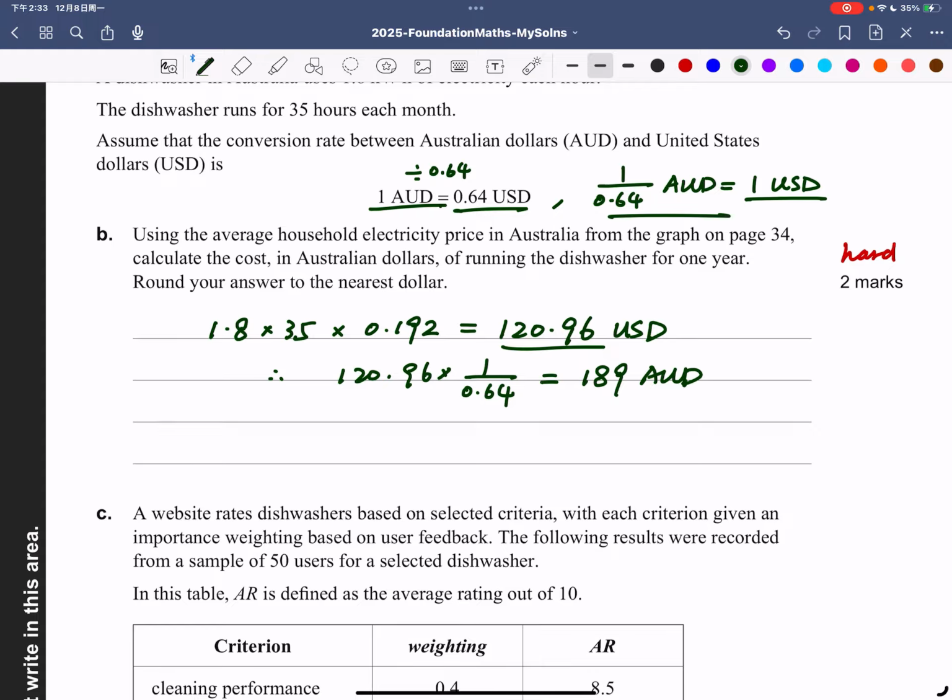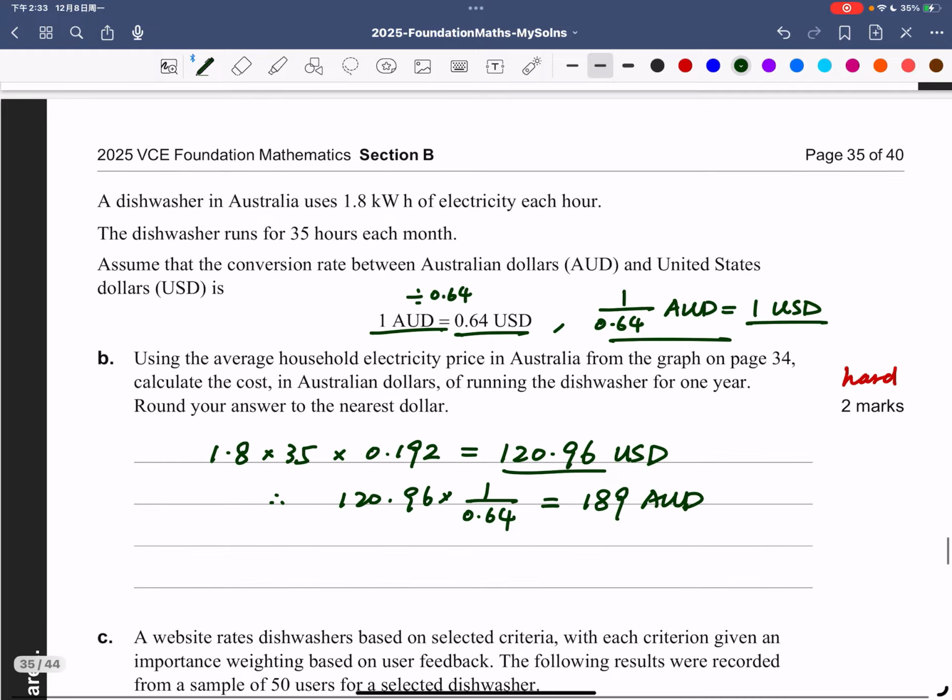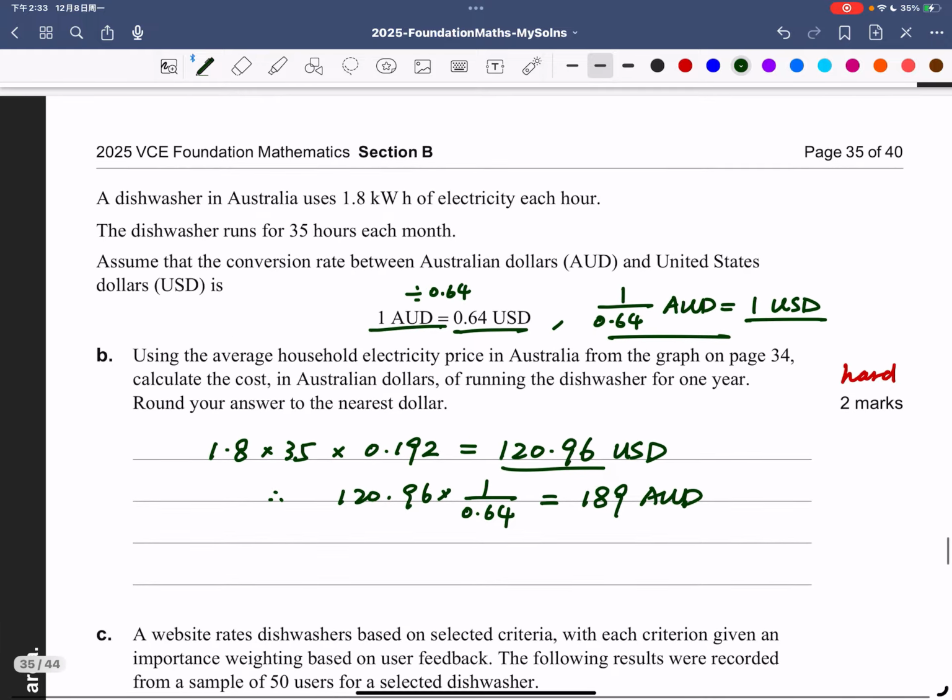That is 35 hours each month. Yeah. Hold on a second. Calculate the cost in Australian dollars of running the dishwasher for one year. Oh, cheeky. Yeah, this is each month.